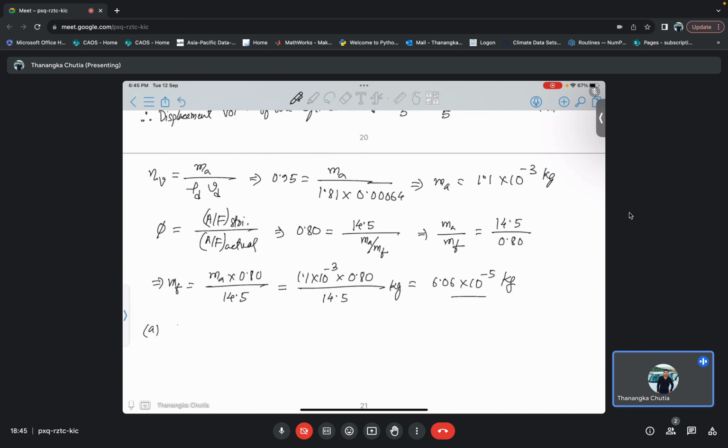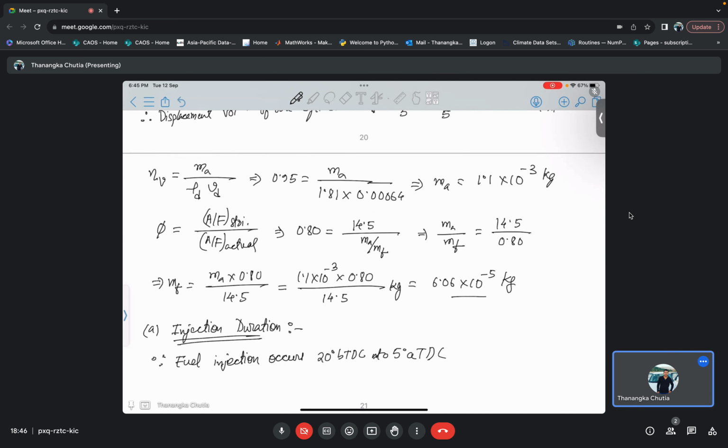Now we have to calculate injection duration first. Okay, so injection duration. Okay, since fuel injection occurs 20 degree before TDC to 5 degree after TDC.